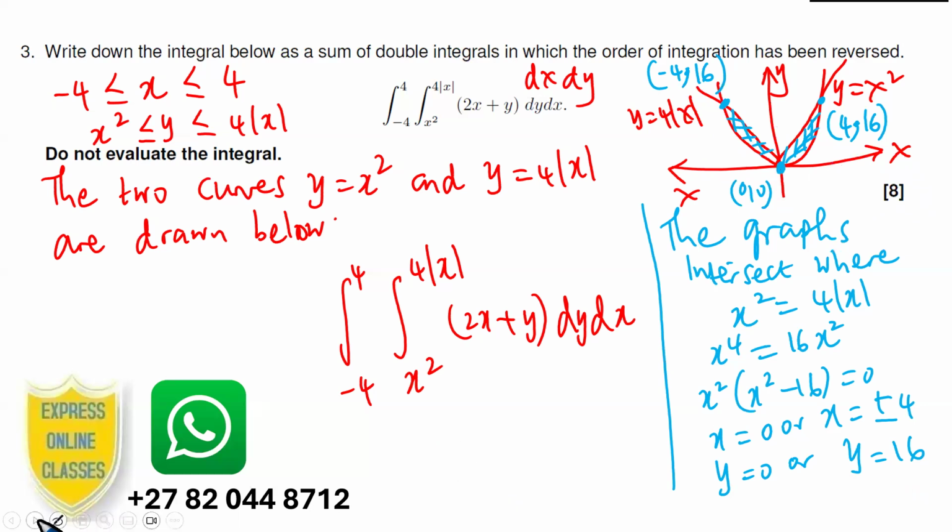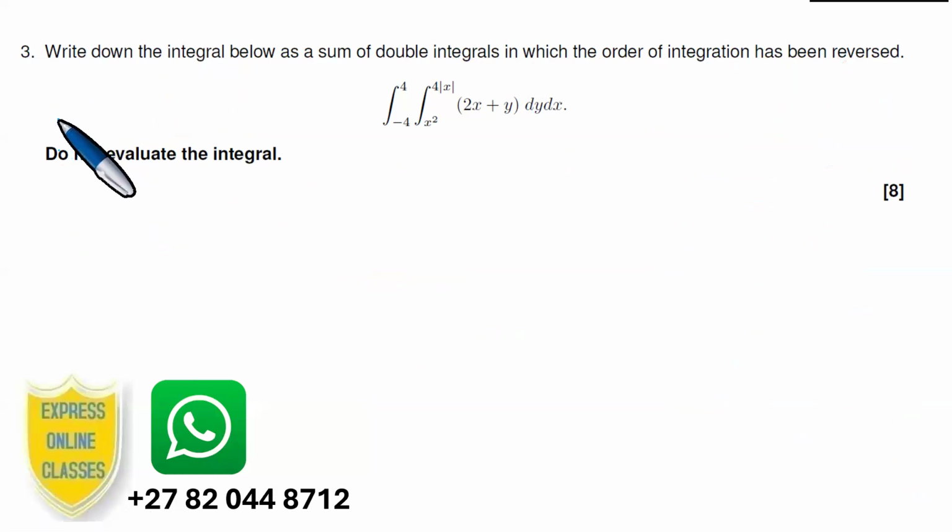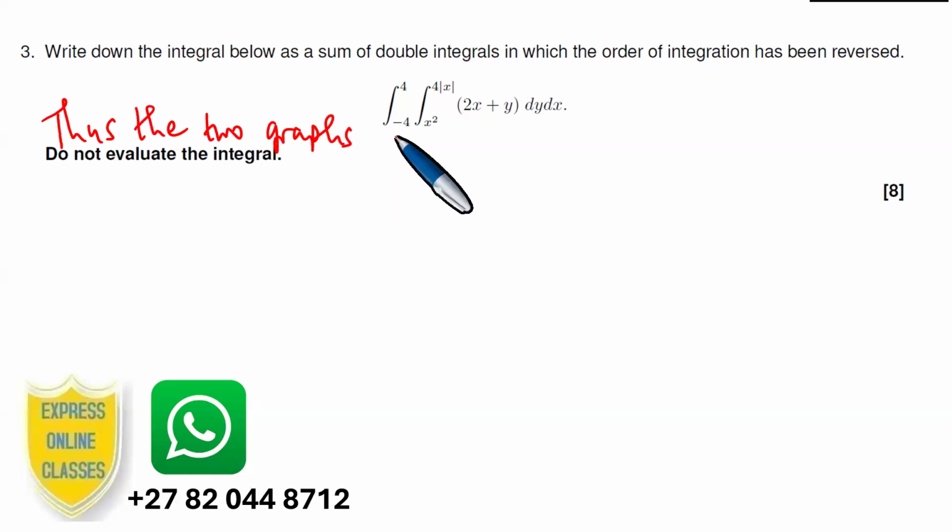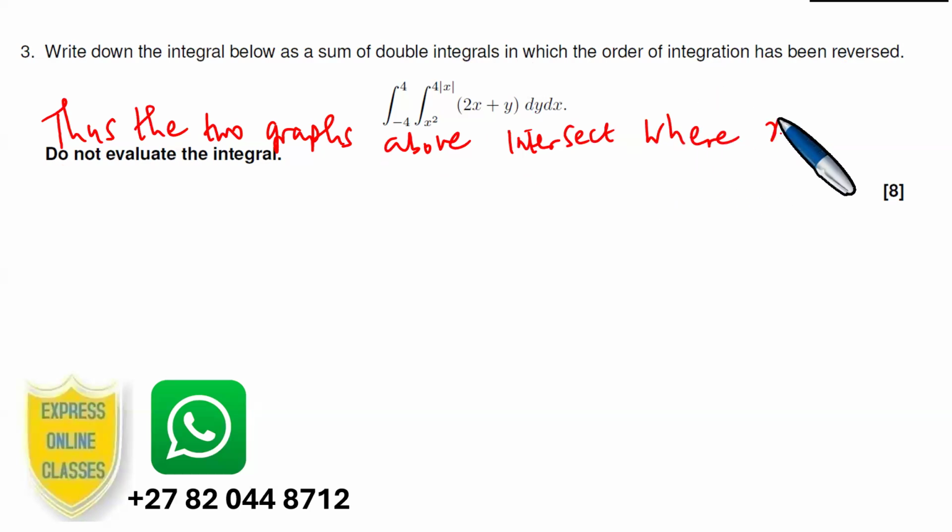So we write the following. Thus, the two graphs above intersect where x equals 0 or x equals plus or minus 4.